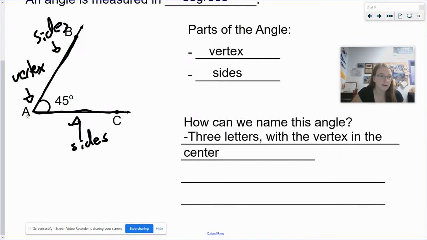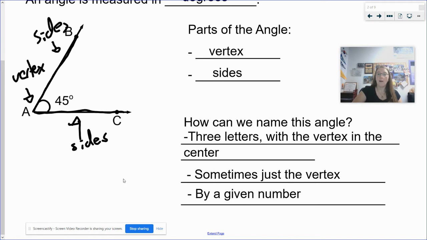But if you notice, we have 3 letters here. I can choose those 3 letters to name it as long as I put the vertex in the center when I name it. We can also sometimes name with just the vertex. Like I could call this angle A because A is the vertex and that tells me, oh, it's this angle. Sometimes we can't do that though, and I'll talk about that later.